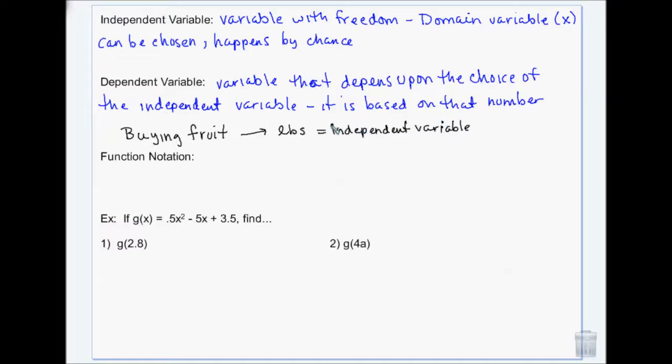You go, oh, I want this many grapes, or I want this much apples, or whatever. How much it costs is the dependent variable. Because when you get that bag of grapes and you go up to the register, the cost of the bag of grapes depends on how many pounds are in the bag. Does that make sense? Yes.